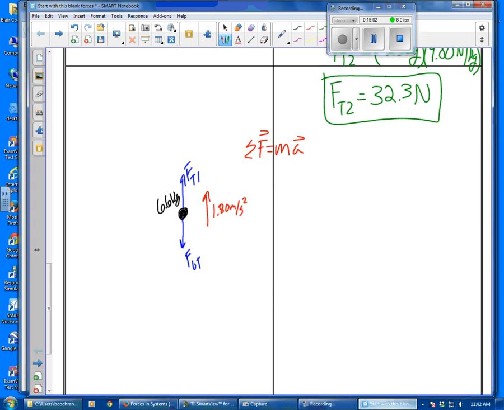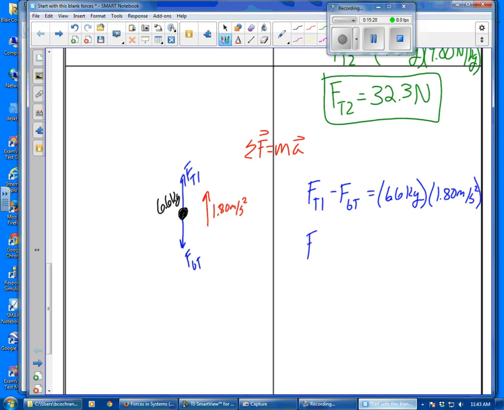Now that I've drawn that equation, I can write it. FT1 minus FT total equals 6.6 kilograms times 1.80 meters per second squared.